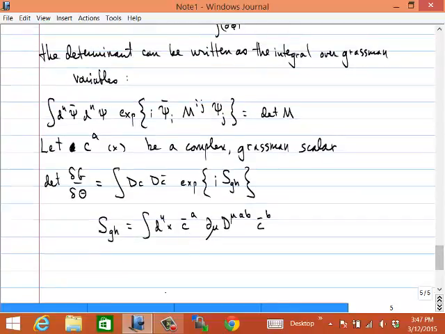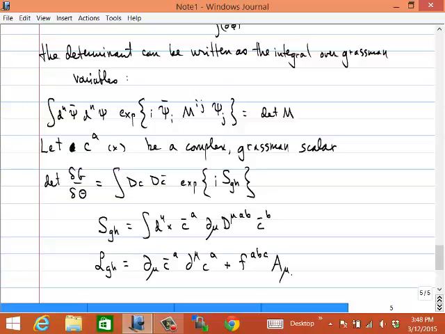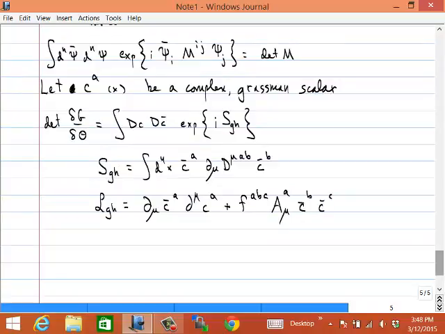Or if you want to write it out a little bit more explicitly, C is a new field that you add to your theory, which has the usual kinetic term, so integrating by parts, you get a d_mu C bar A, d^mu C A, and the covariant derivative leads to an additional term which describes an interaction between this field C and our gauge field A. So we conclude that in order to make sure that our theory is gauge invariant, in order to reproduce this Jacobian determinant that arises when we fix a gauge, we need to introduce a new field and add it into our action.